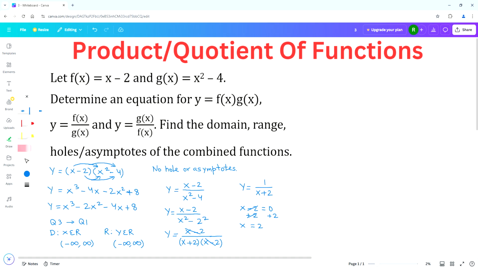So the hole exists at x coordinate 2. We should sub in this x value in the simplified rational function equation to find the y coordinate of the hole. I get y = 1/4. That means there is a hole at (2, 1/4).